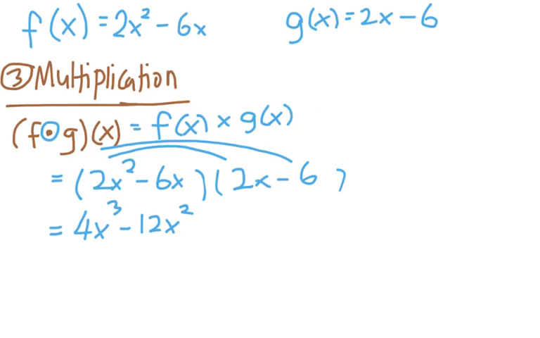And then after you're done, you go with the second value in the first bracket. You need to do the same thing. Multiply with all the values in the second bracket. So negative 6x multiply with 2x, you will have negative 12x squared. And negative 6x multiply negative 6, you will have positive 36x.